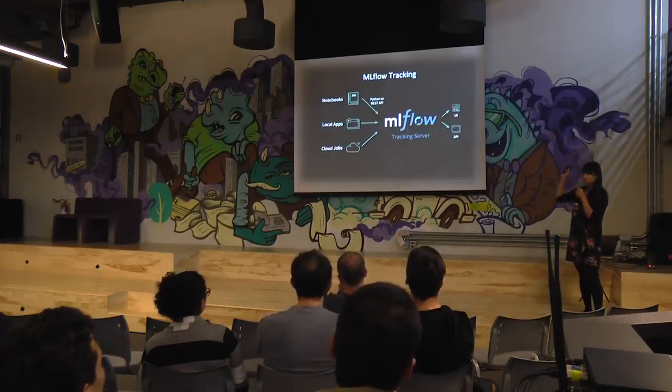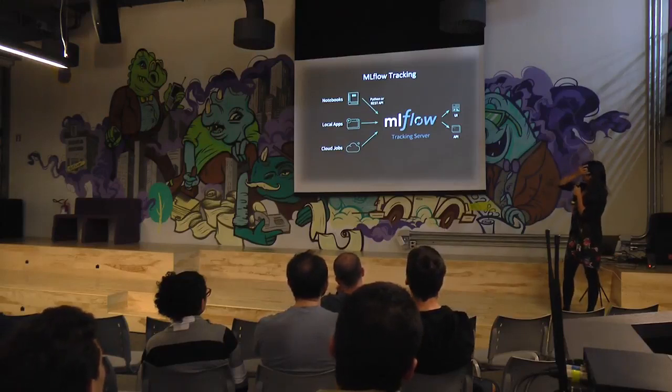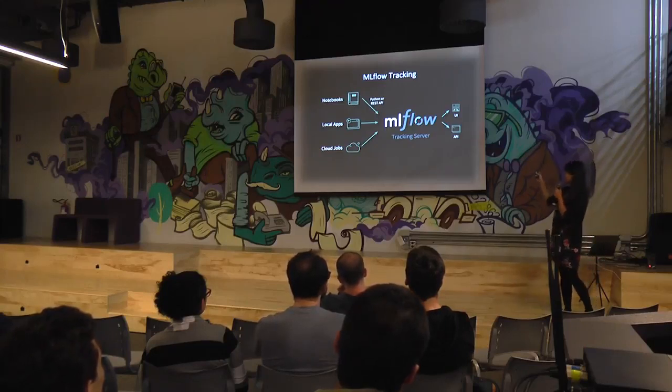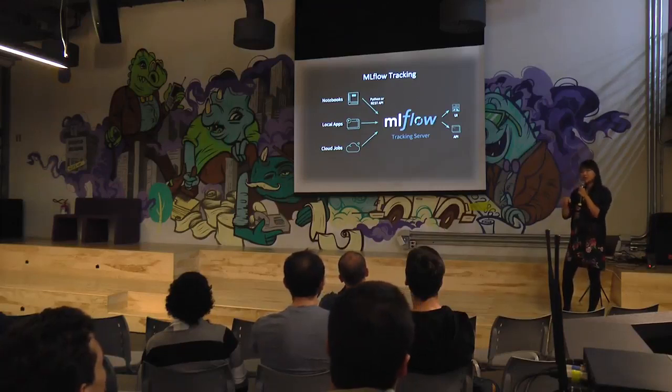So MLflow tracking, which is the first component, and it's also the portion that I'm going to be demoing today. You can run your code from anywhere. It could be notebooks, your local laptop, in the cloud. You push everything into MLflow, this thing called the MLflow tracking server. You can have the MLflow tracking server running on your laptop.